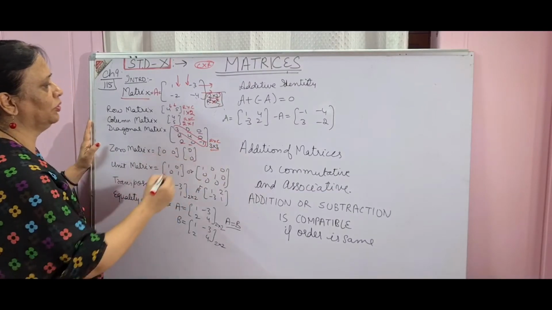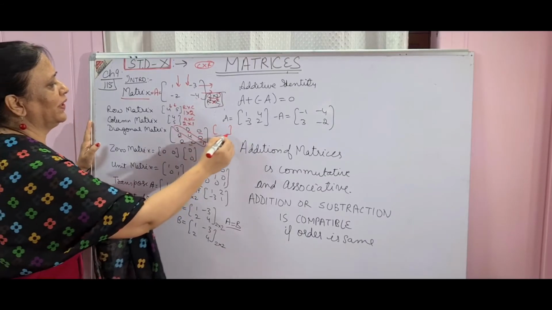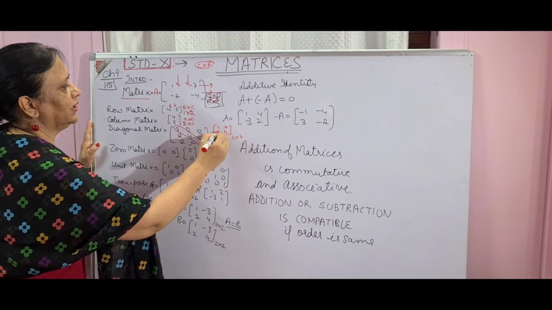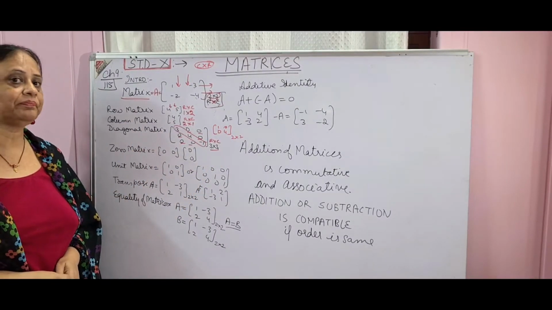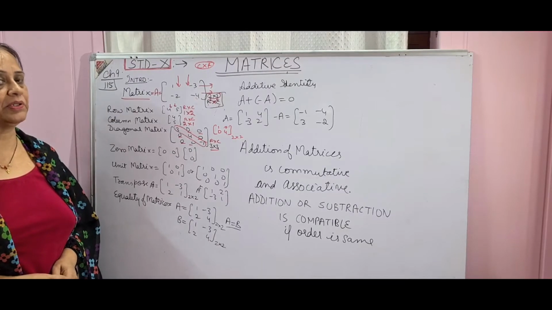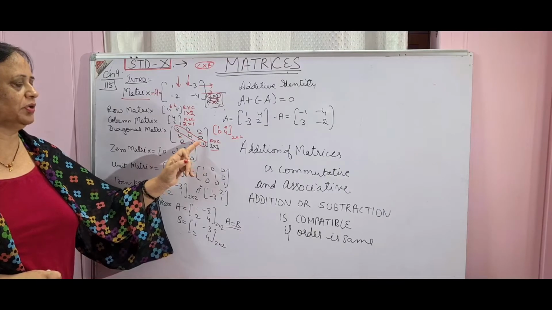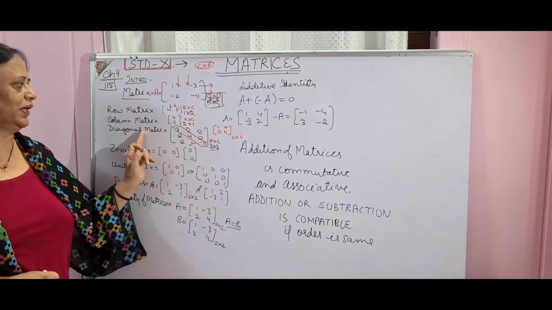The order is 3 cross 3; you can put it in a square bracket also. So if all other entities or members are 0, and we have elements only in the diagonal, then this is diagonal. You can compare it with geometry. They are having elements on it, so this is said to be a diagonal matrix.